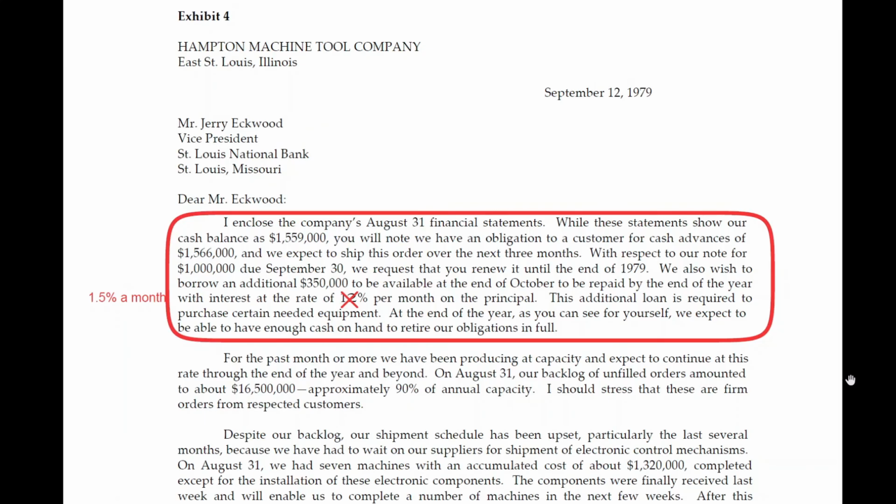In Exhibit 4, the first paragraph restates from Exhibit 2 that the cash balance of $1.559 million is an obligation to the customer. The customer provides a cash advance. The customer provides a deposit before making an order. Let's make some correction: the interest per month will be 1.5% a month, which is equal to the interest rate charged on the existing loan from the bank.